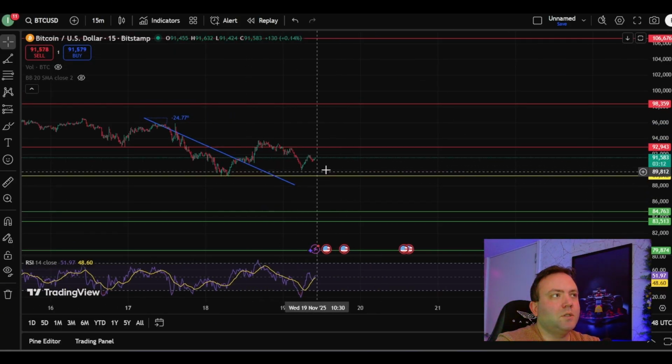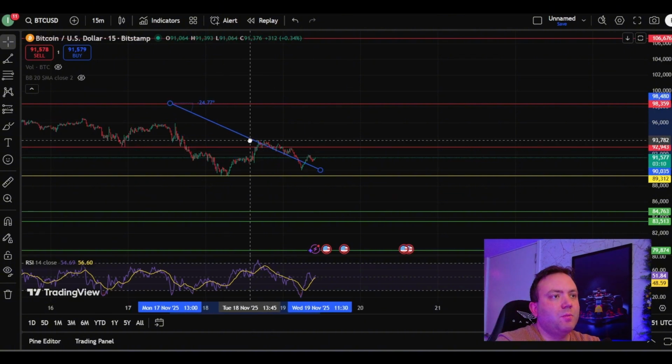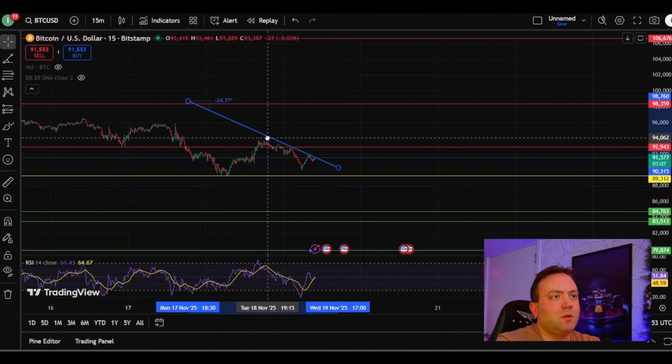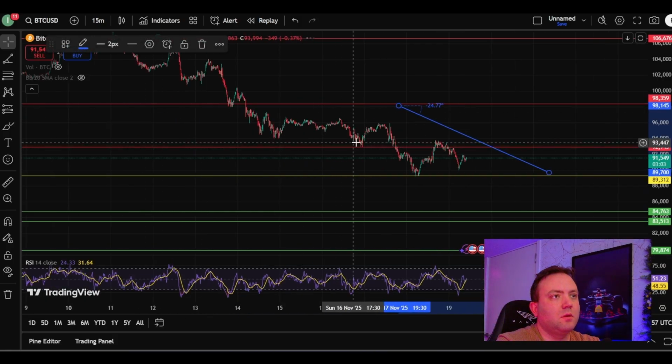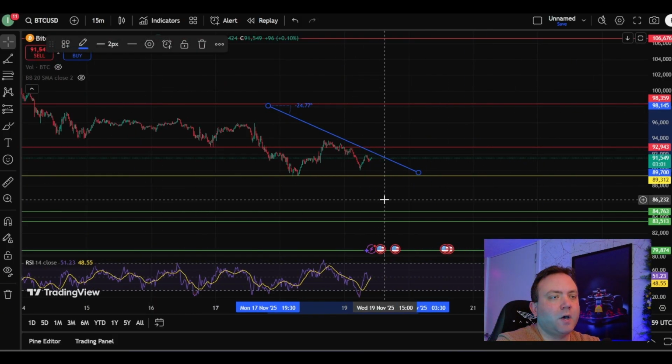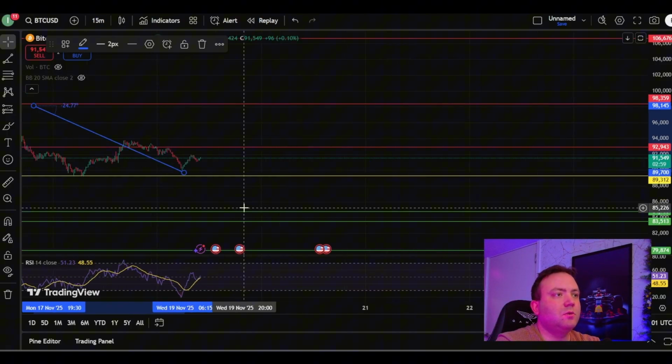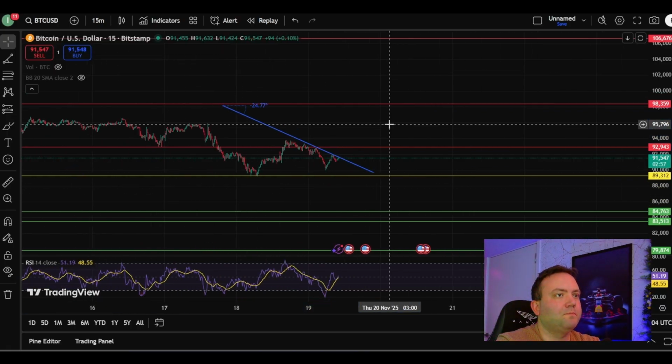It's not as exact when we zoom in, but basically what they're doing is trying to find a little short on this level and trying to find that little option to catch that little short trade.